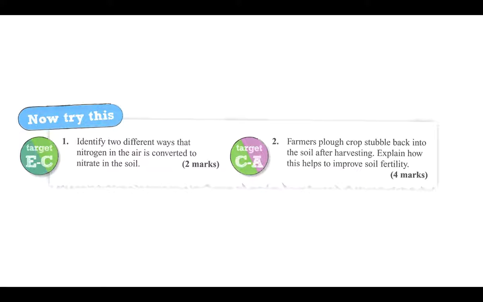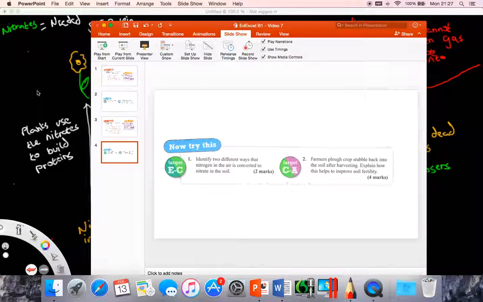So 1 mark for saying that the dead plant material contains proteins. 2nd mark for saying that decomposers break down these proteins into ammonia. 3rd mark for saying the ammonia is turned into nitrates by nitrifying bacteria. And your 4th mark comes from saying that the nitrates produced are absorbed by plants and used to build new proteins. So, I hope this has been of some use to you.